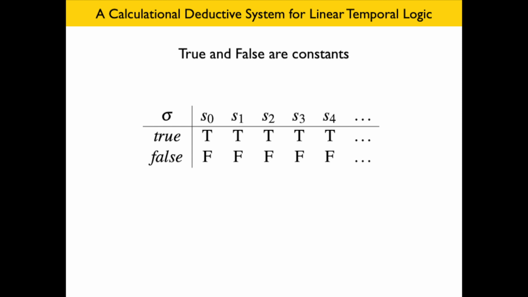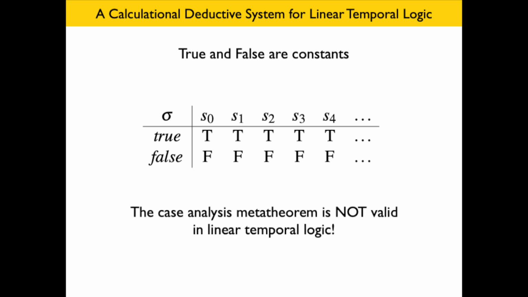And one of the meta-theorems that we used in propositional calculus was the case analysis. So if you could prove that the theorem was valid when P was true, and then if you could also prove that it was valid when P is false, in those two cases, then you have proved it for any value of P. But that no longer works in linear temporal logic because there is an infinite sequence of combinations of sequences of T's and F's.